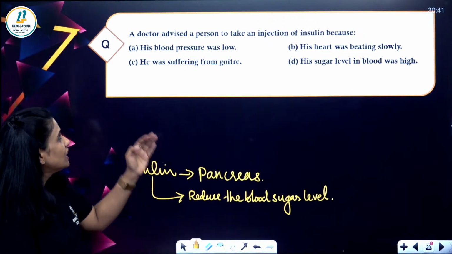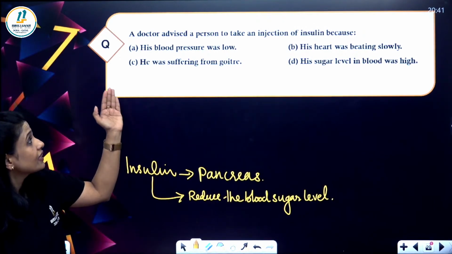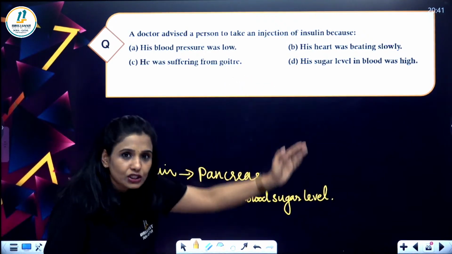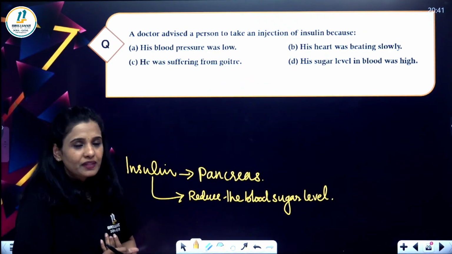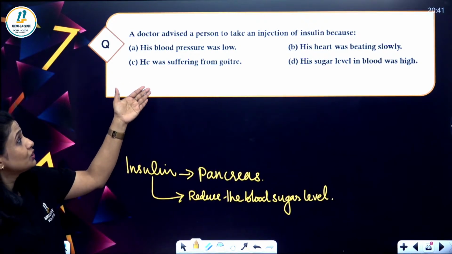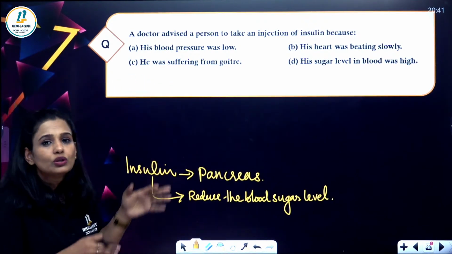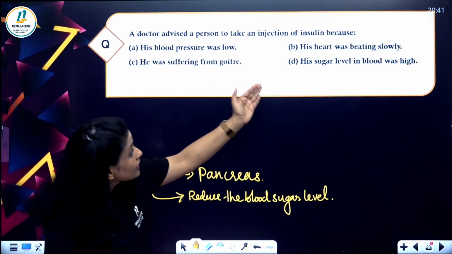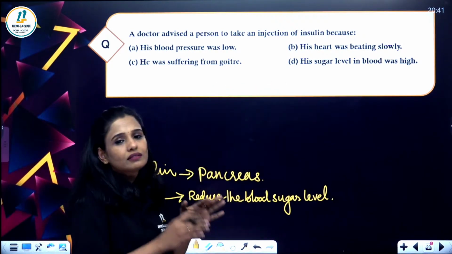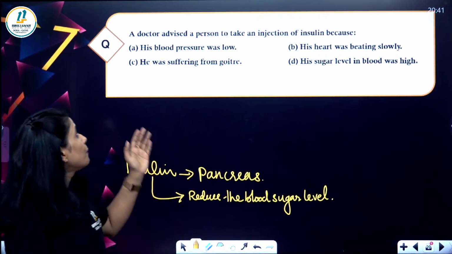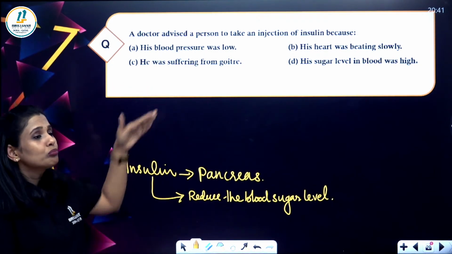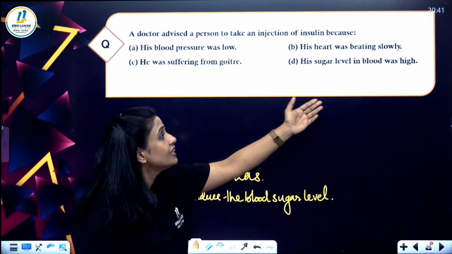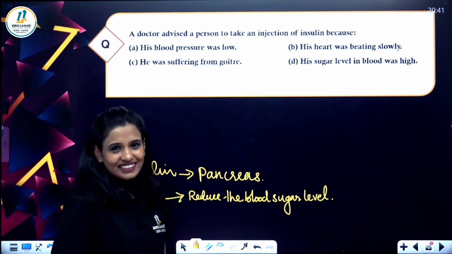So here the question is, a doctor advised a person to take an injection of insulin because: his blood pressure was low? No, it is not at all related with blood pressure. His heart was beating slowly? That is also not related with insulin. He was suffering from goiter? No. His sugar level in blood was high? Yes.